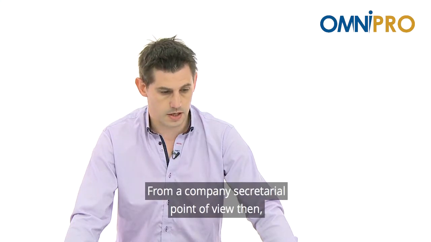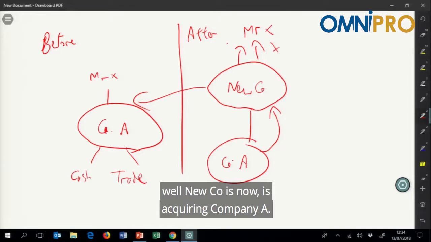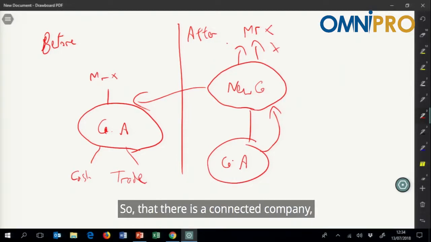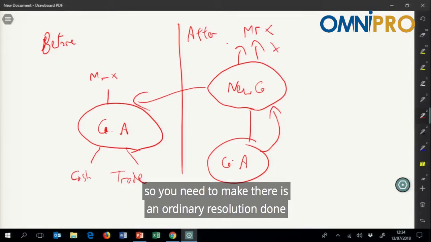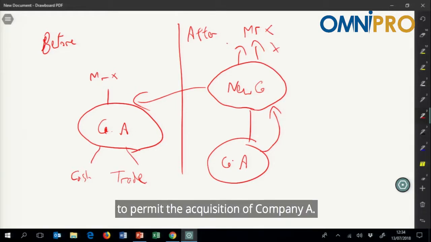From a company secretarial point of view, NewCo is acquiring Company A, so there is a connected company, and you need to make sure an ordinary resolution is passed as required by Section 238 to permit the acquisition.